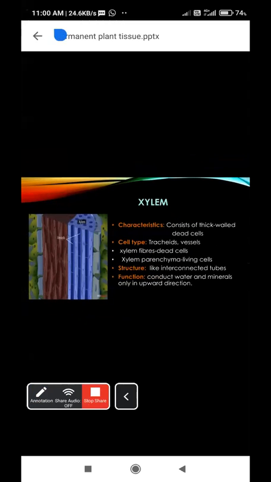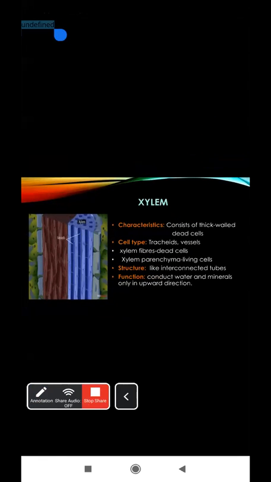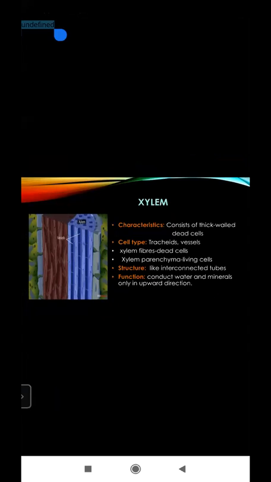They are interconnected tubes and they conduct water and minerals in upward direction. You all know plants absorb the water and minerals from the soil. So that absorbed water and mineral nutrients from the root are carried to the upper parts of the plant, that is to every leaf, every fruit and flower of the plant at the top, from roots to the top.